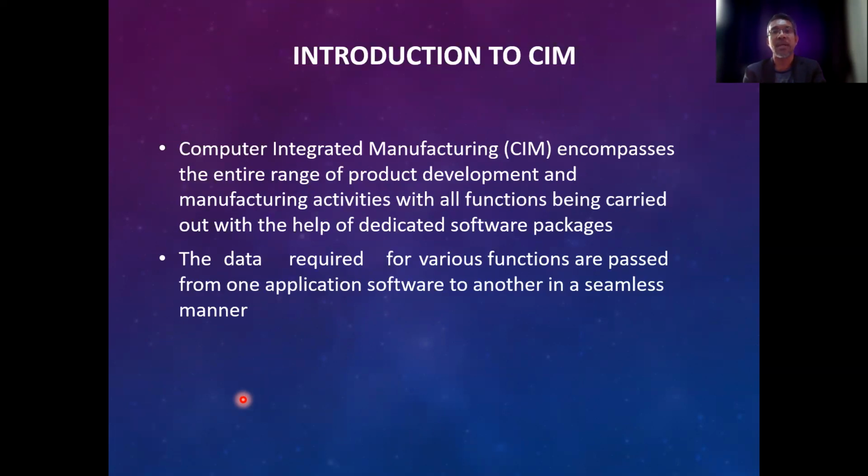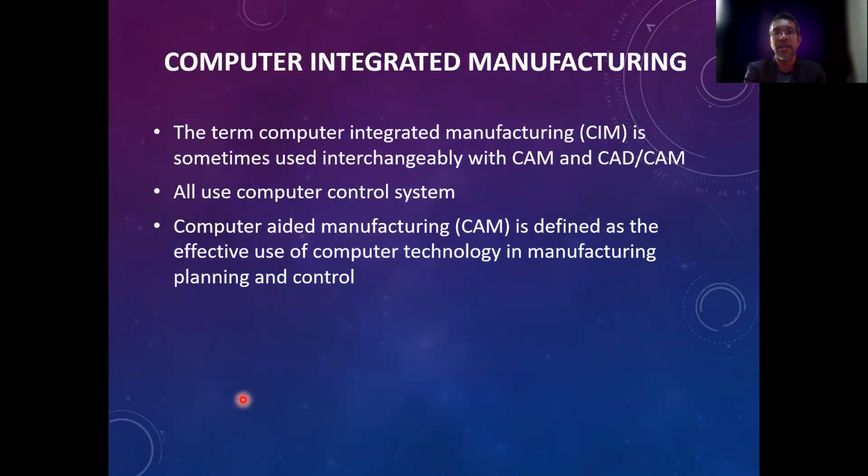And then, an introduction to computer integrated manufacturing. It encompasses the entire range of product development, so it covers all. It includes all the product development and manufacturing activities using dedicated software. The data required for various functions is passed from one application software to another using computer integrated manufacturing.